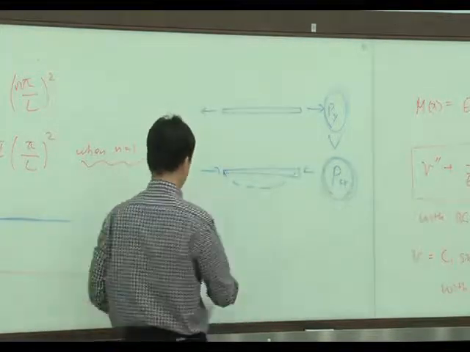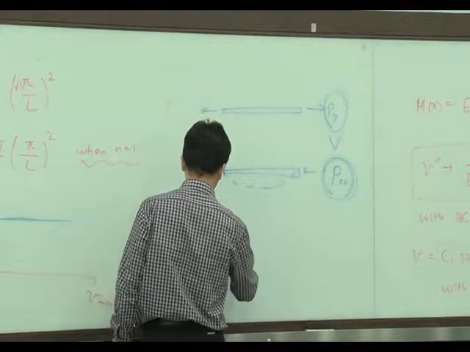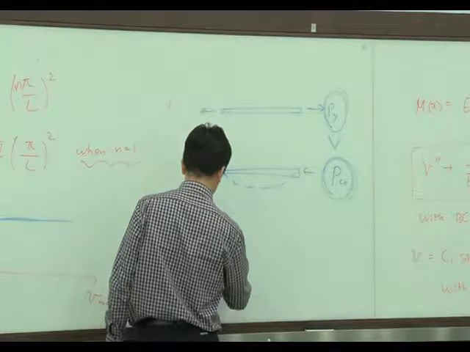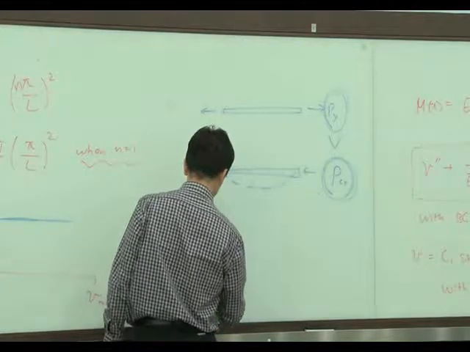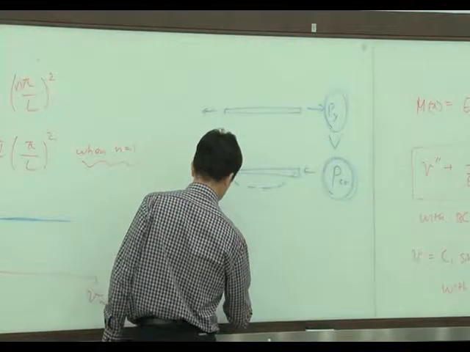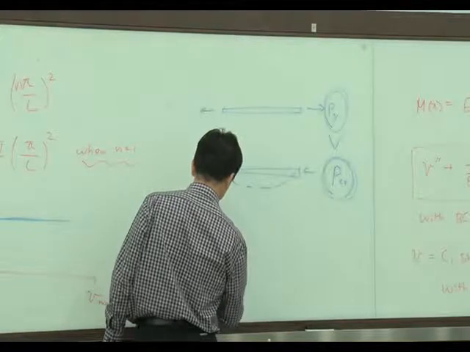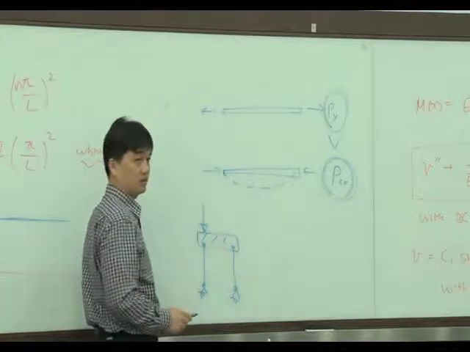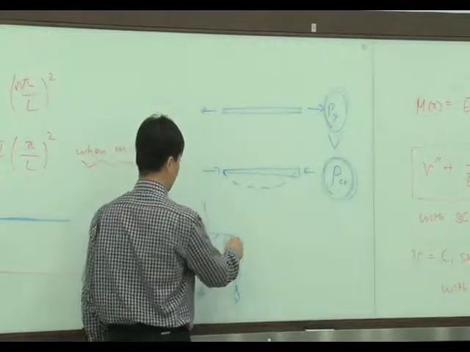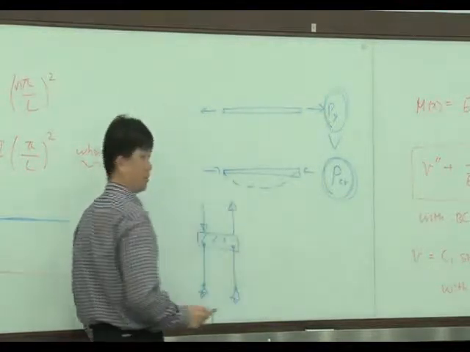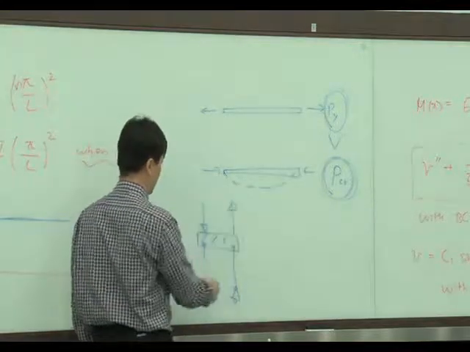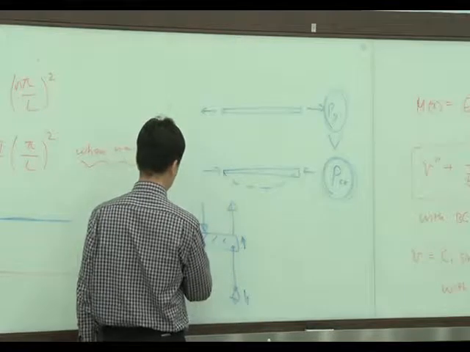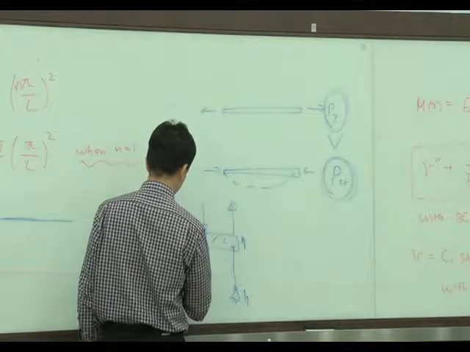So, for example, in this case, here I have a very rigid bar, and two members are attached here. Both are bars. And I'm going to give some torsion. Then this bar will be in tension and this bar will be in compression.